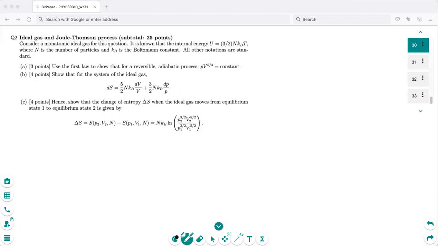These are really standard material, so I won't spend time on this. For question 1, which is this simple question, as I say, you need to remember something.